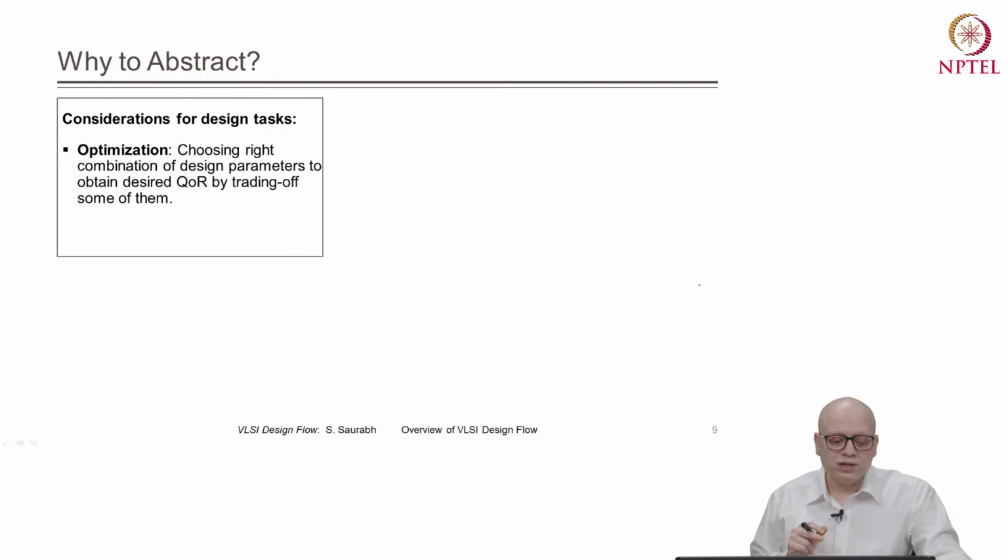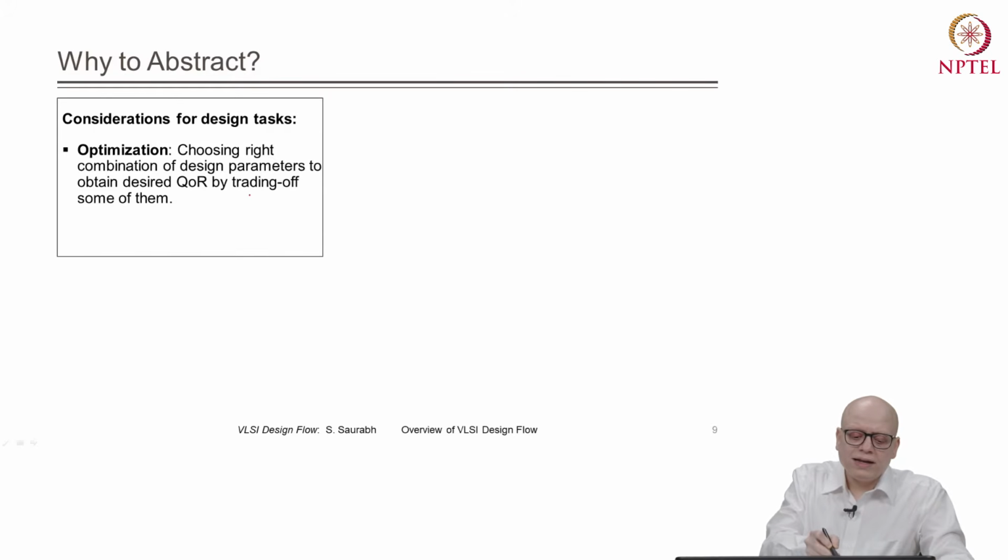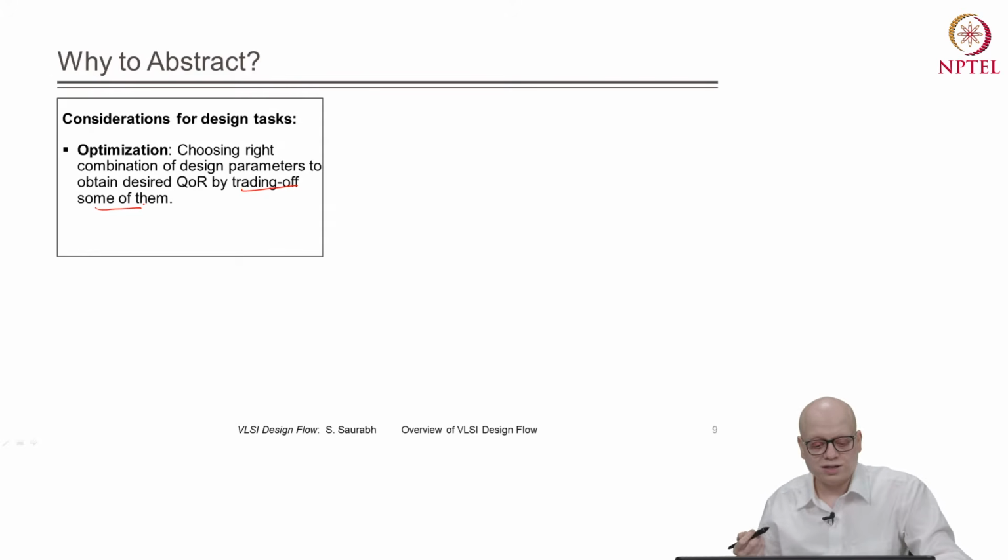Optimization means choosing the right combination of design parameters to obtain the desired QoR by trading off some other QoR measures, right? So, optimization is basically trying to find suitable parameters for the design, so that we get a better quality of result or figures of merit, right? That is one part of a design task.